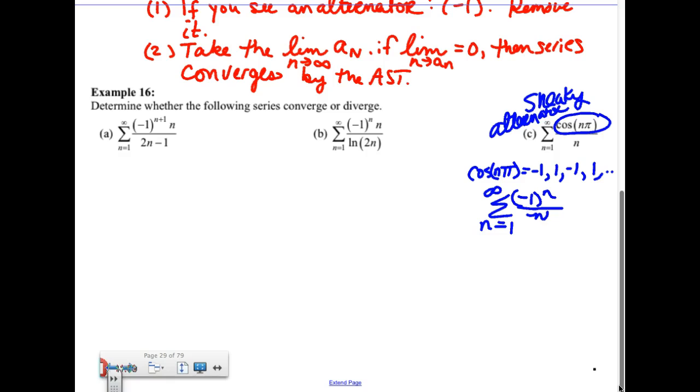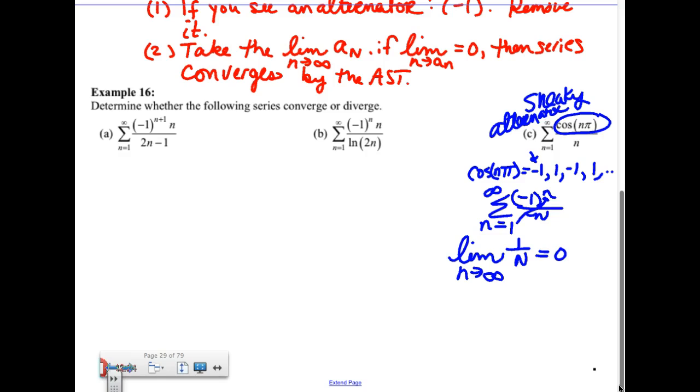And again, I have to be careful that I generate a -1 first here, but I do, so I didn't need that n plus 1 on there, but those are identical sequences. So again, if I can show that the limit as n approaches infinity, when I remove the alternator, goes to 0. Now I know that series without the alternator diverges.